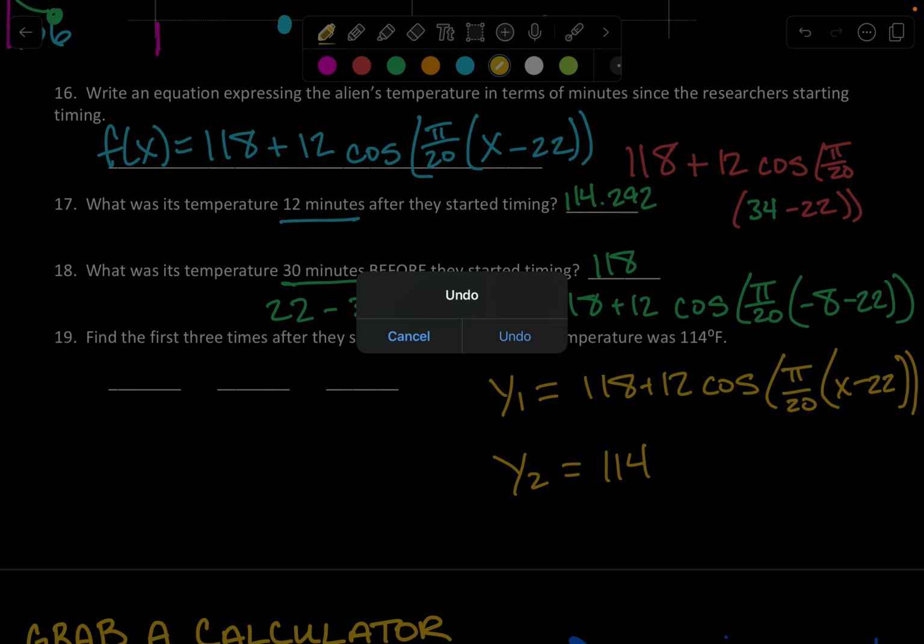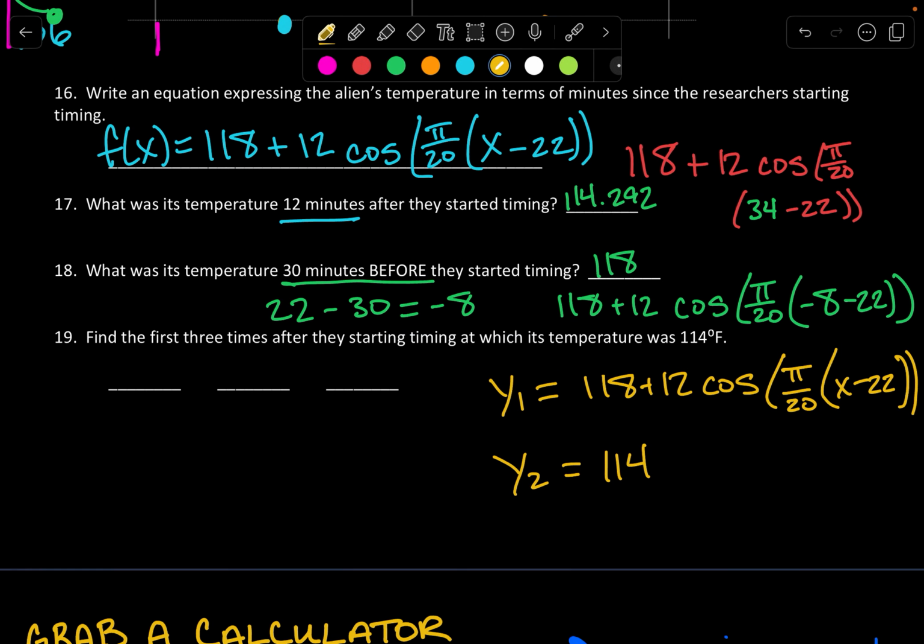So I'll help you get started here. I'm not going to have time to do all of them in this video, but I've got 118 plus 12 cosine of pi over 20, and then x minus 22. And then I want to know all the places that it equals 114.